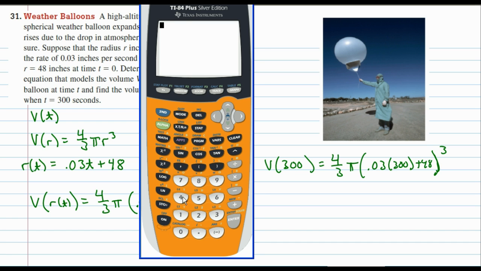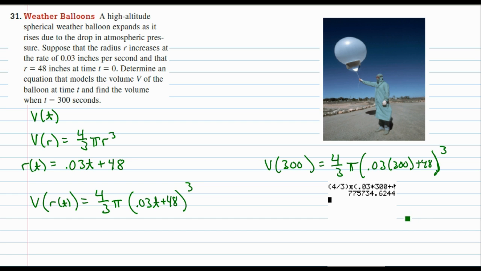So using my calculator, 4/3 pi times parentheses 0.03 times 300 and then plus 48, that portion of it cubed, means that the volume when 300 seconds have passed is 775,734 cubic inches.